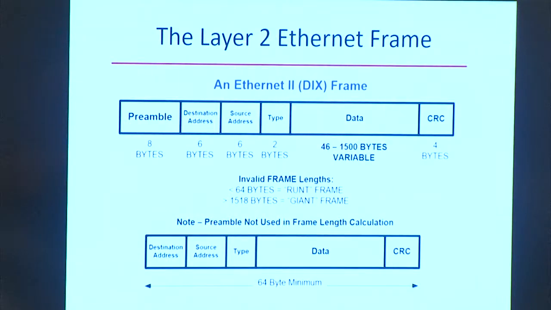If we have a frame that is smaller than that minimum size, that's referred to as a runt frame. If we have a frame that is too big, it's referred to as a giant frame.